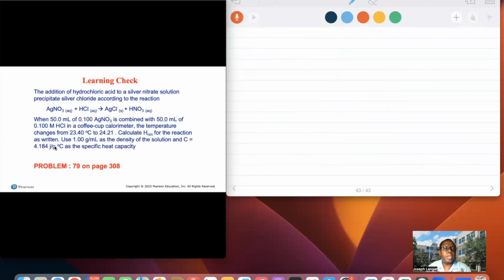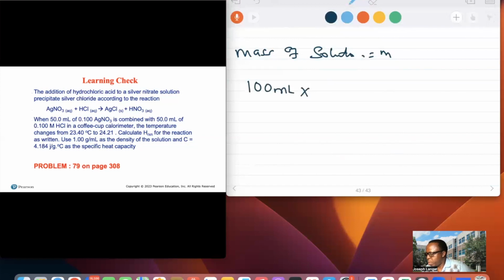Since we were given the density of the solution, and we are combining 50 mL and 50 mL, to find the mass of the solution, we use the volume with a conversion factor: 1 mL is the same as 1 gram.